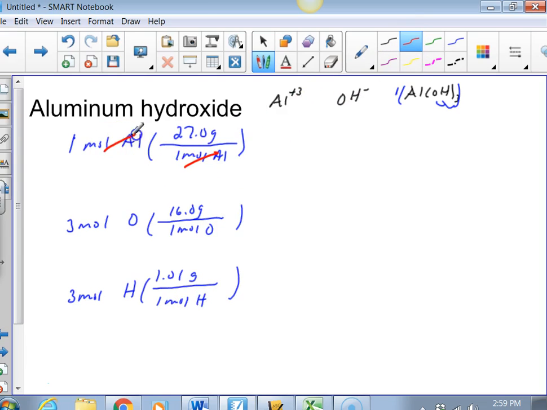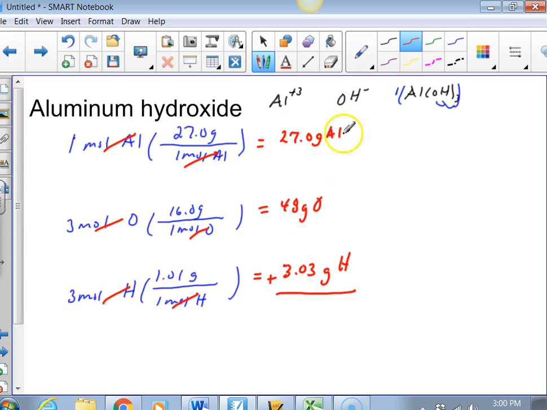Our moles of aluminum cancel. That gives us 27 grams of aluminum, 48 grams of oxygen. That's 3 times 16 would be 48. And then we have 3 times 1.01, and that's going to be 3.03 grams of hydrogen.